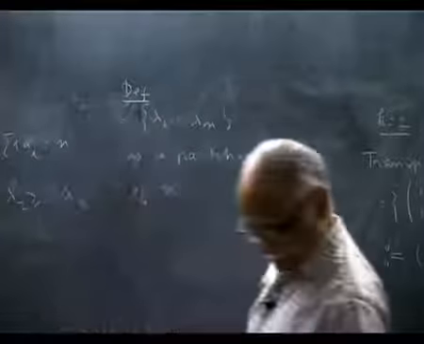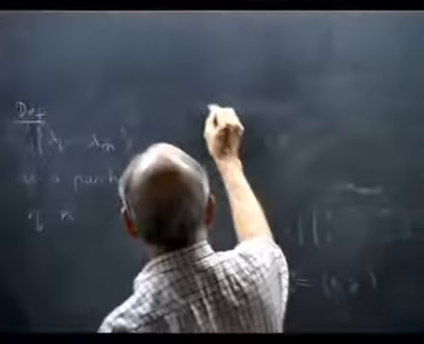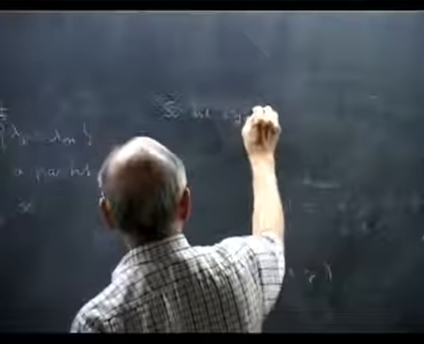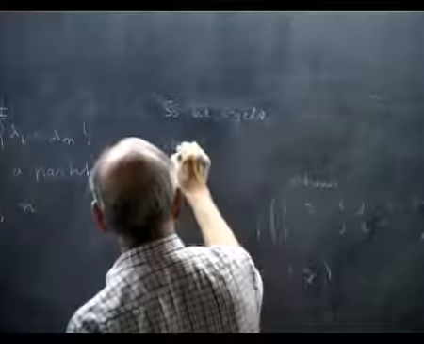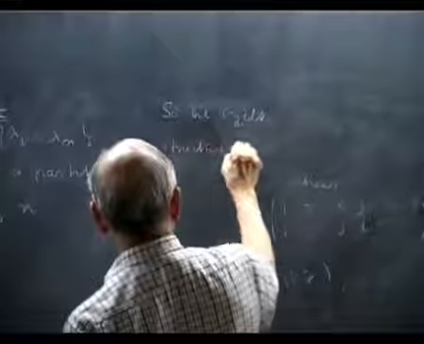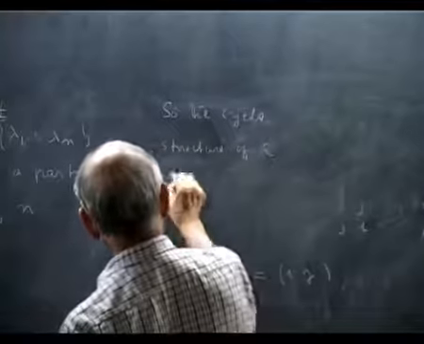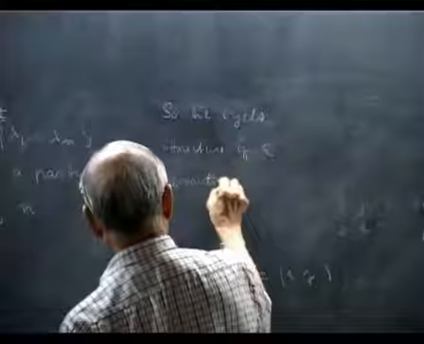So the cycle structure of a permutation is given by a partition of n.